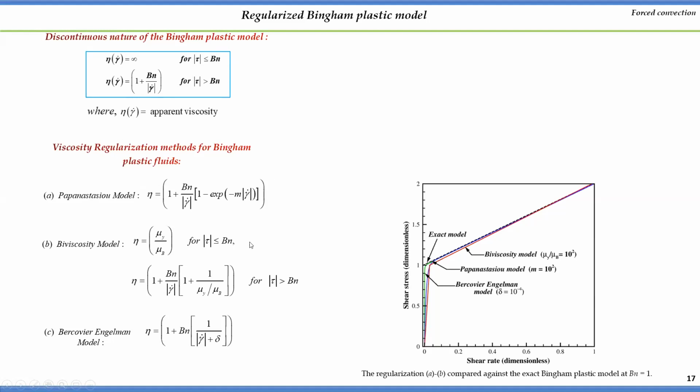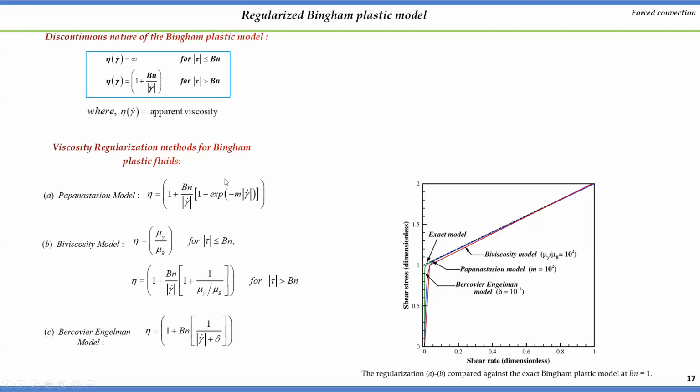then it is enough for me to solve this problem. So this is the Papanastasiou model, where we multiply this term with a bracket. This is called the exponential growth rate term. Here we have one more parameter, m. If you see this carefully, and if m is a very high value, then what happens?